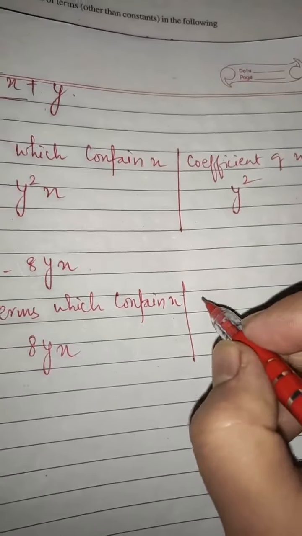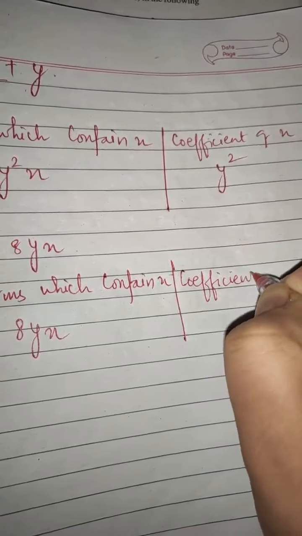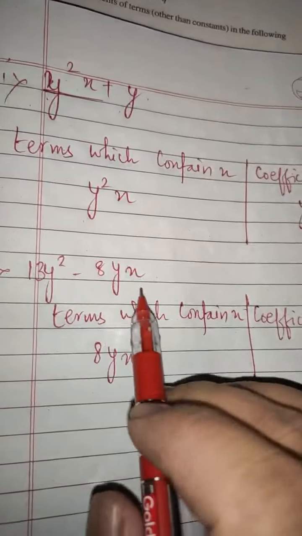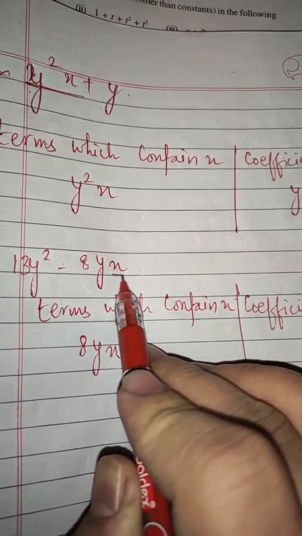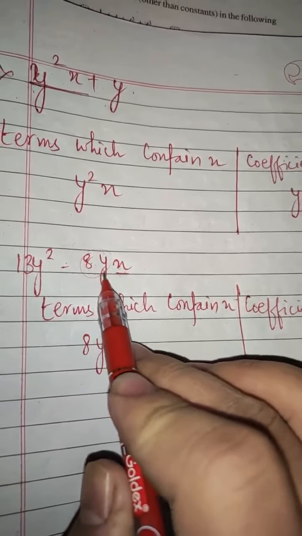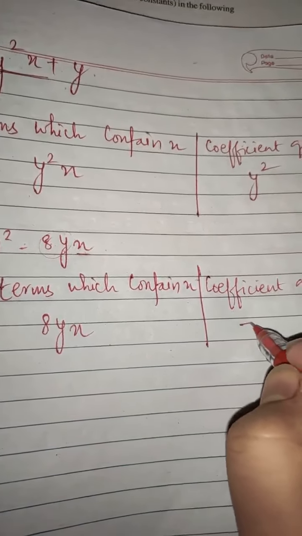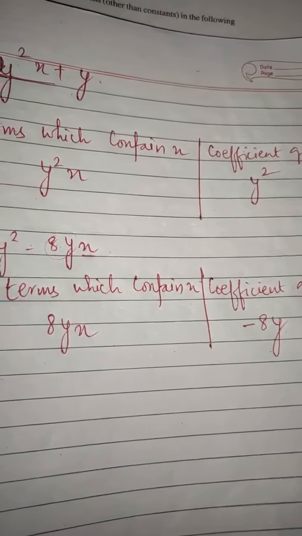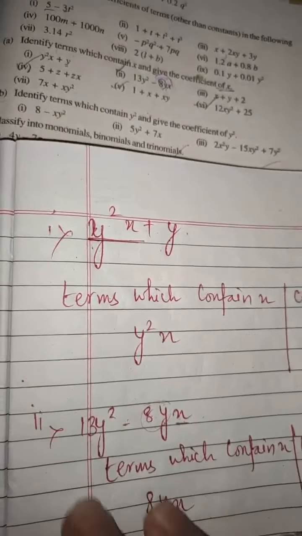Coefficient of x also. So coefficient of x here will be minus 8y. Okay, so x here is a variable, and even y is a coefficient here, so minus 8y is the coefficient of x. I hope the concept is clear, right?